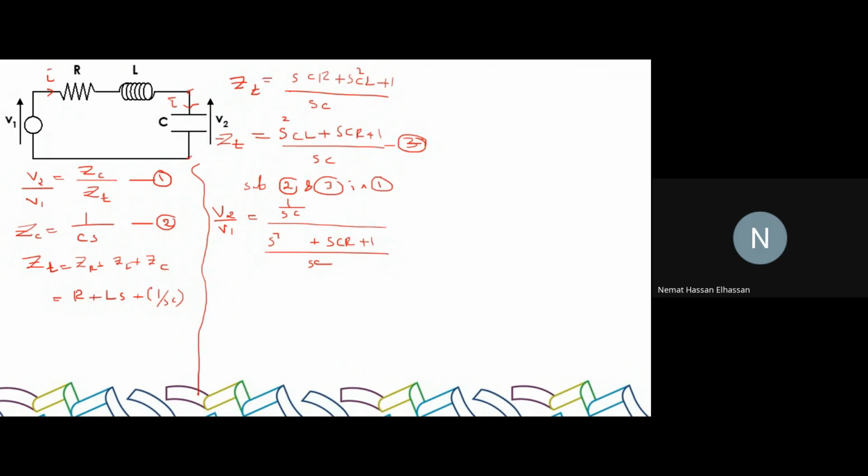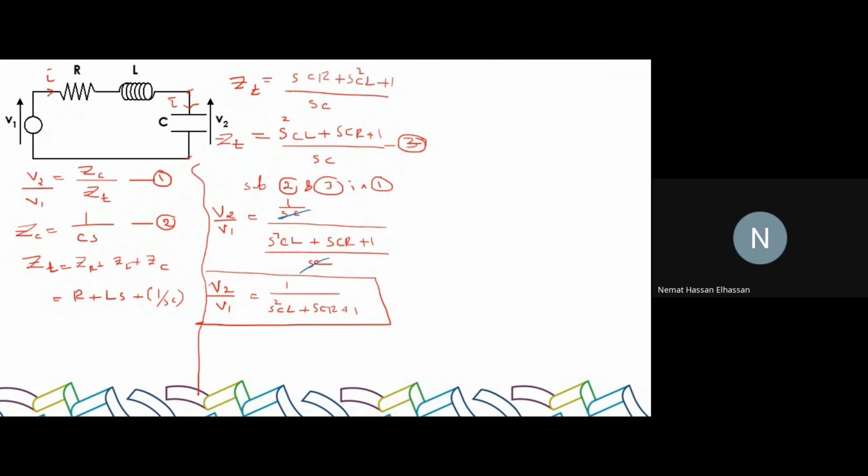Now you'll notice that both the numerator and denominator have the same SC, so these cancel each other out. What we have left is V2 over V1 equal to 1 divided by S squared LC plus SCR plus 1. This over here is your transfer function.